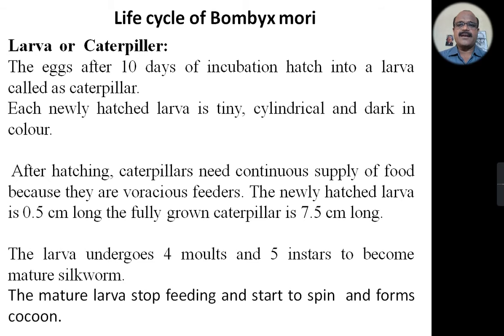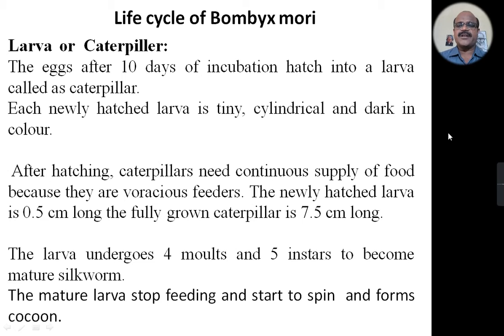These larval stages are also known as caterpillars. Each newly hatched larva is very tiny, cylindrical and dark in color. After hatching, the caterpillar needs a continuous supply of food because they are voracious feeders.